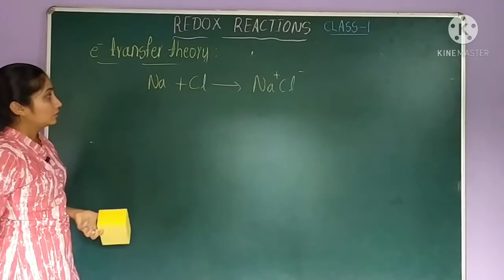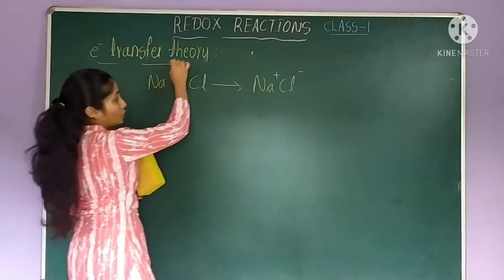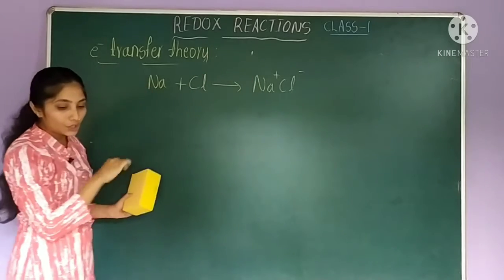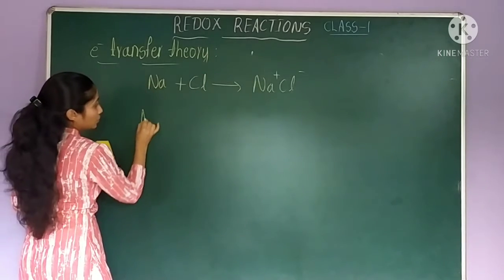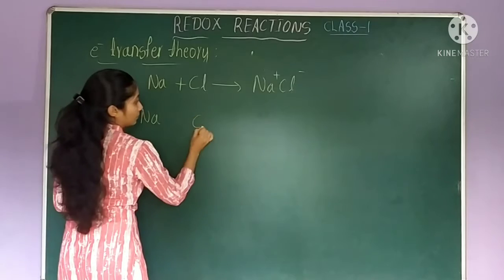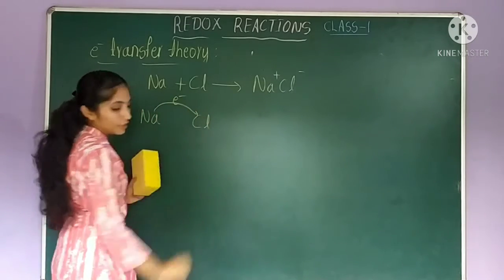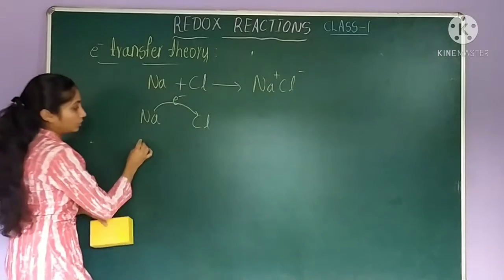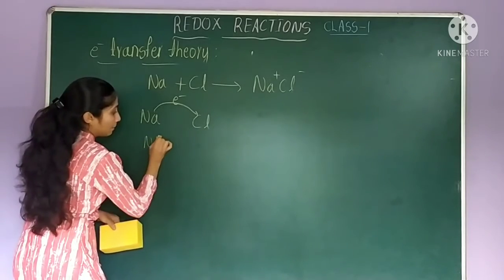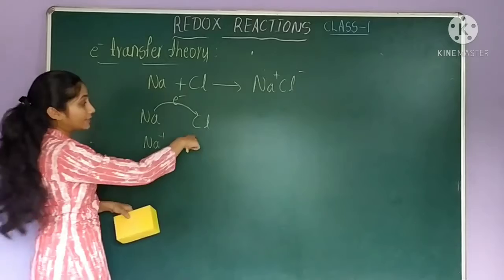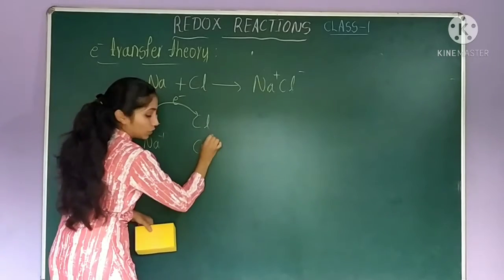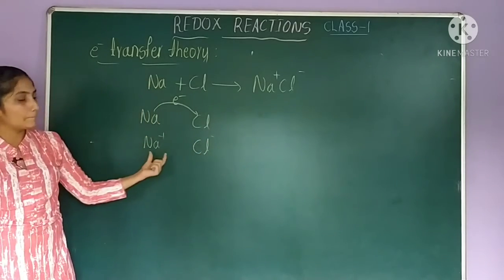Now here sodium is donating its electron. Electron transfer is taking place from sodium to chlorine. So it is forming Na plus, and Cl is receiving one electron and it forms Cl minus.